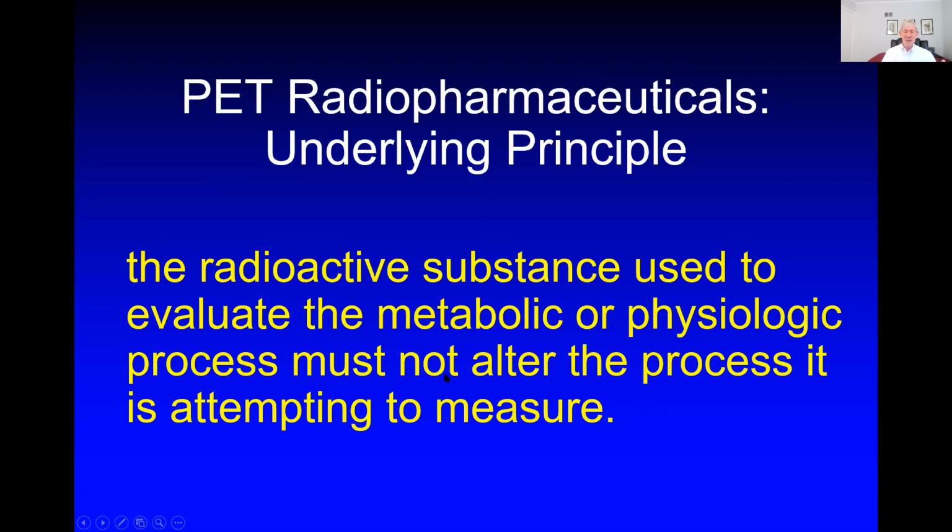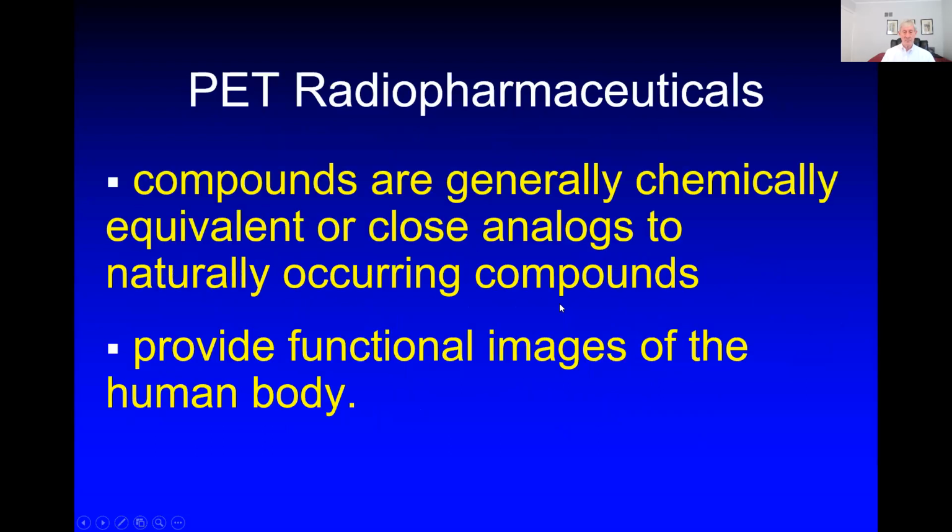And it's not likely to alter the process because we're only giving micrograms, maybe a couple hundred micrograms of the drug. It's just too small a mass to interfere, but it's not too small a mass to participate on a molecular level. So the molecules that we use for PET are typically identical to or very analogous to naturally occurring compounds. We're going to see that.